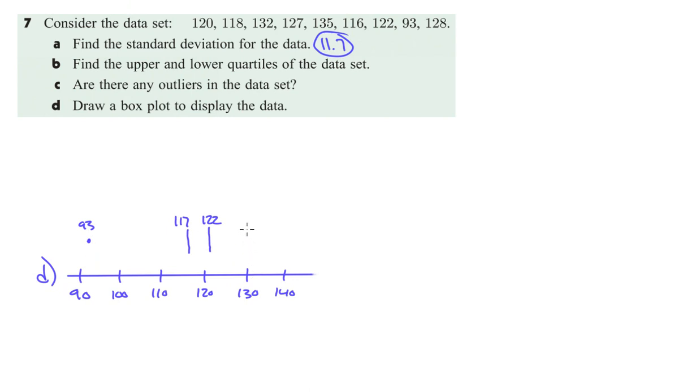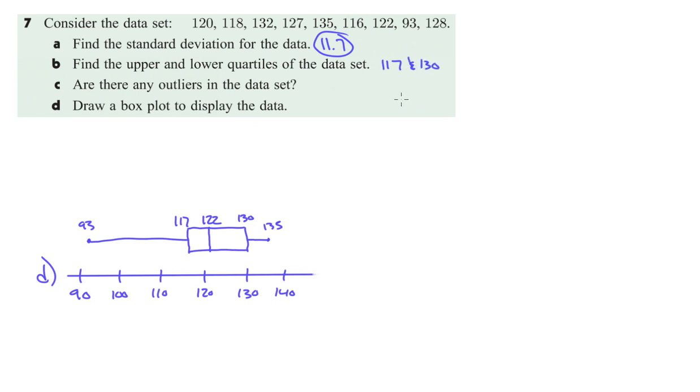So 130 is the end of the box, and 135 is the end of the whisker. So basically our box and whisker plot looks like that. This is 130 and this is 135. So we did D. The lower and upper quartiles of the data set are 117 and 130.